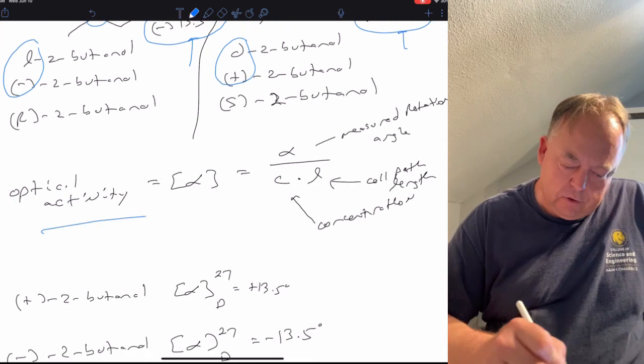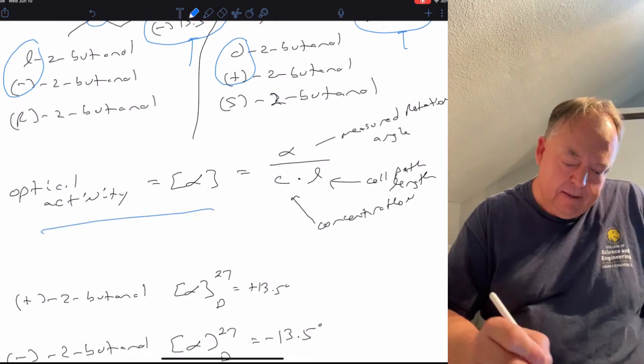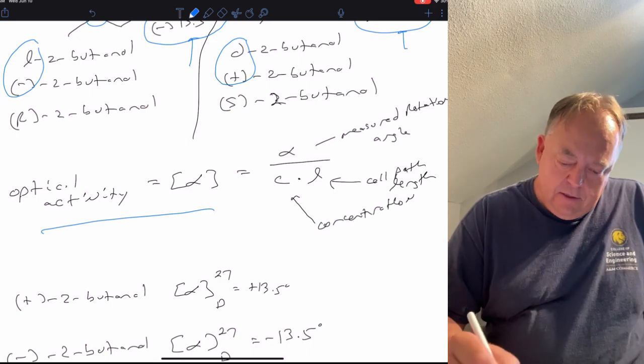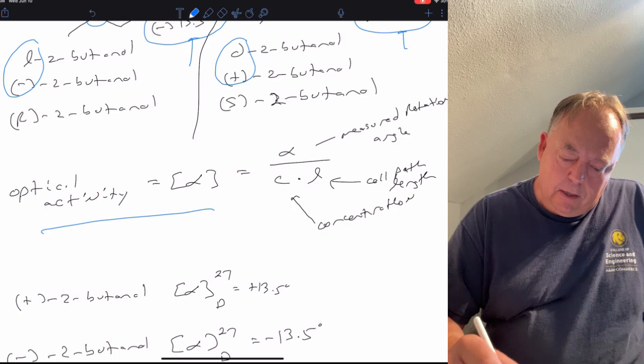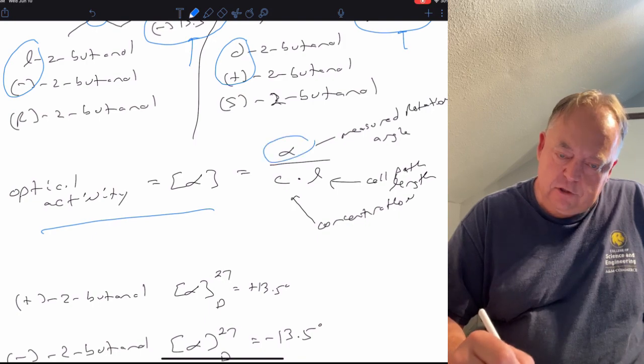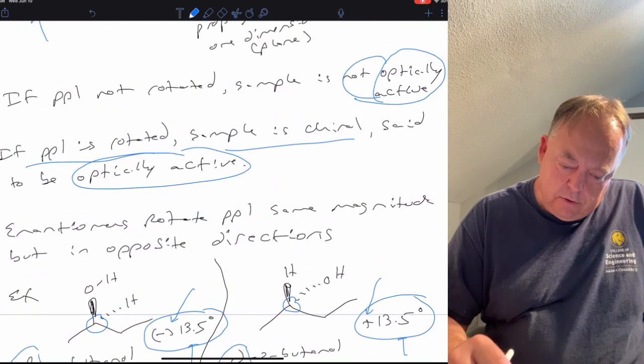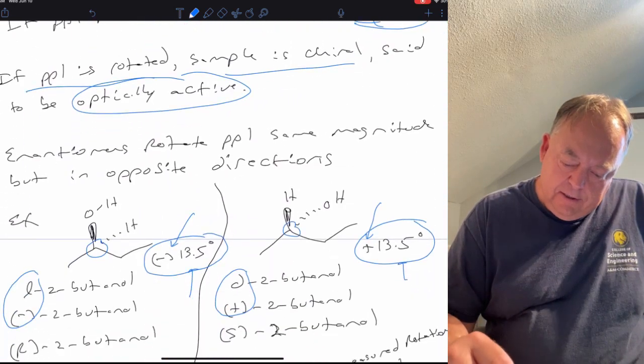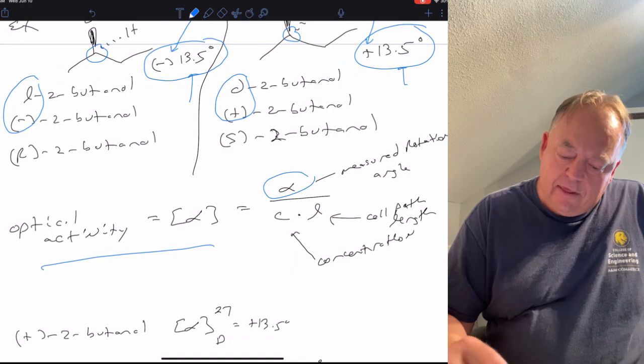So this is the way optical activity is defined. Alpha in brackets means specific optical activity. It's equal to the measured optical activity divided by the concentration of the solution. So in this experiment, what's the concentration of that sample? And l is the path length.